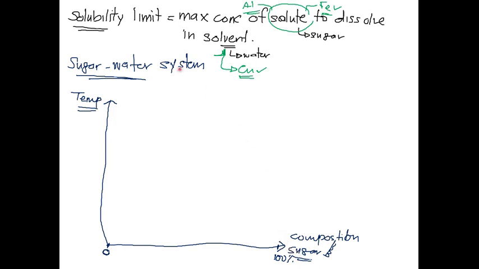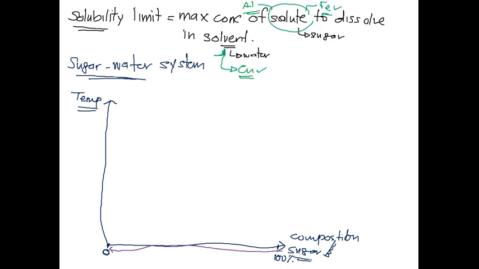But remember, the sugar water system has sugar and water, so you have to include the water in the graph as well. The water will be the inverse of the sugar; we just leave it unlabelled.